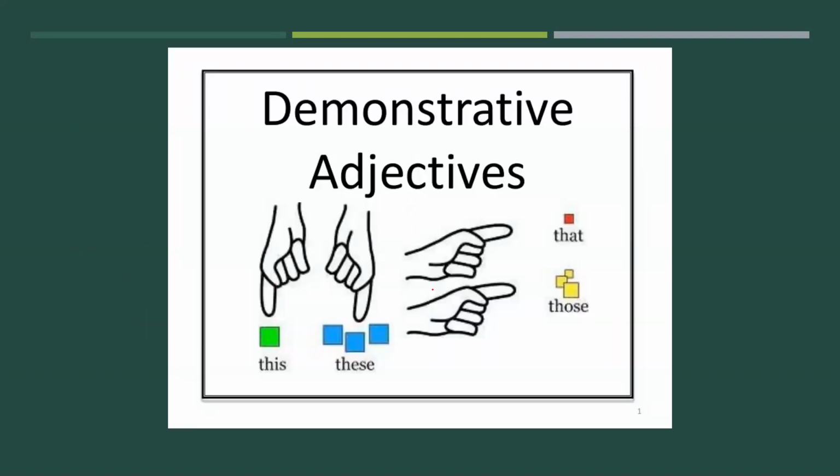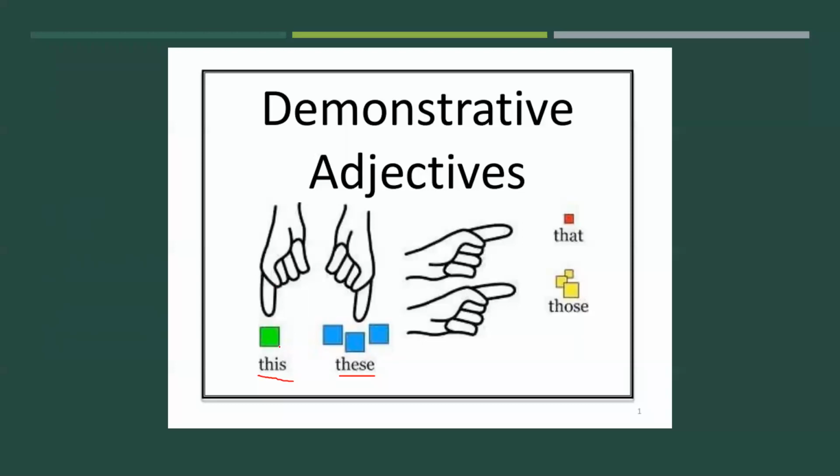Next come the demonstrative adjectives or demonstrative determiners: this, these, that, and those. These are the four demonstratives, which show what thing you are specifying. This is used for singular, as shown in the image where only one object is there, and these is used for multiple objects.